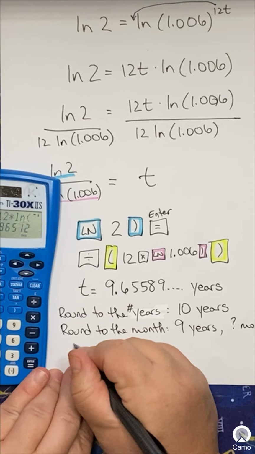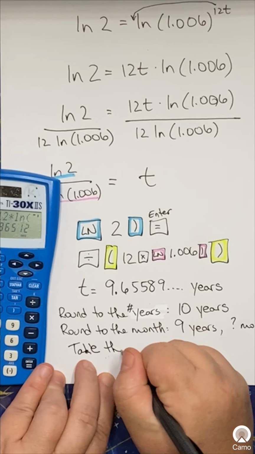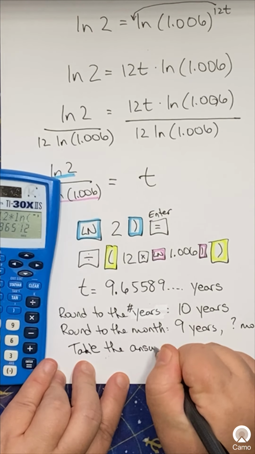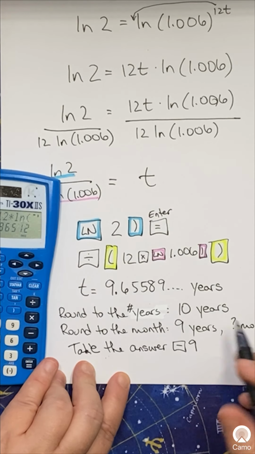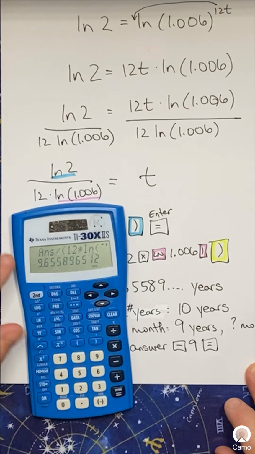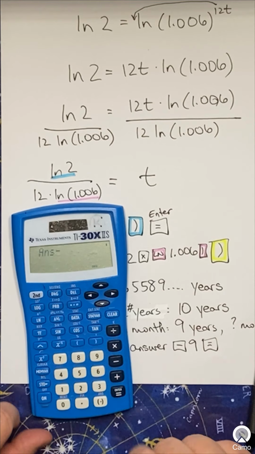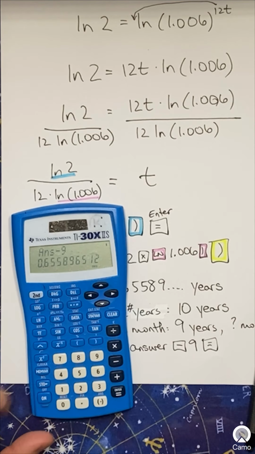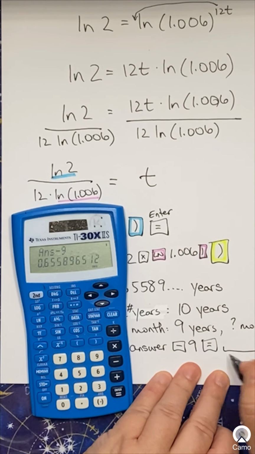Take the answer, and then subtract 9. The answer is still there, don't let it disappear. I'm going to subtract out the 9. Those are the whole years. This is just the decimal, so you get just the decimal.